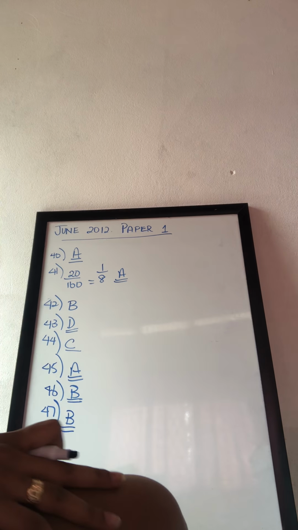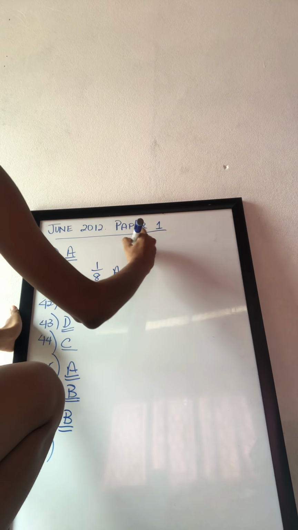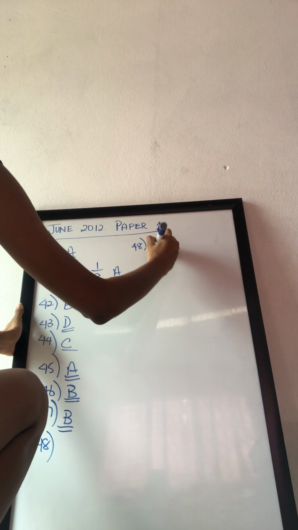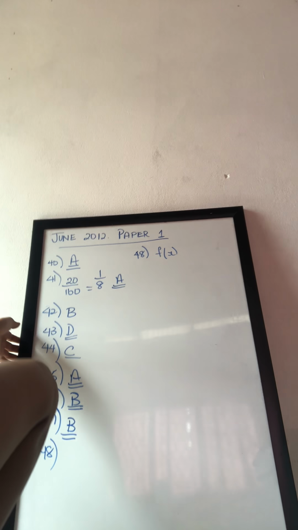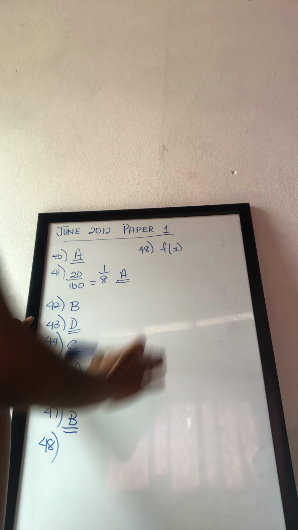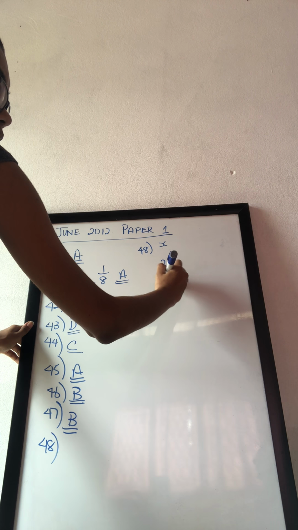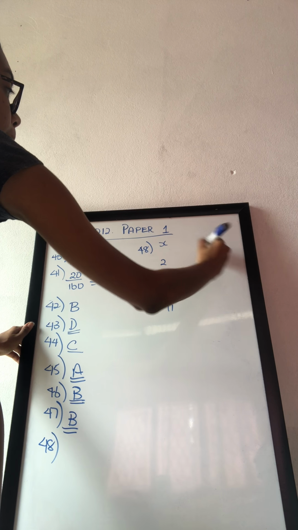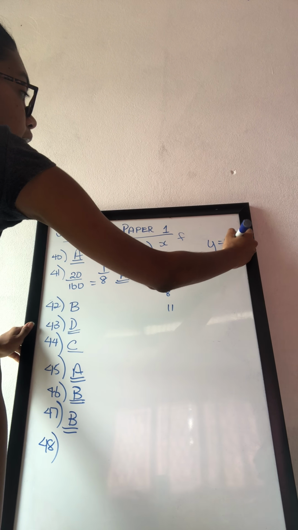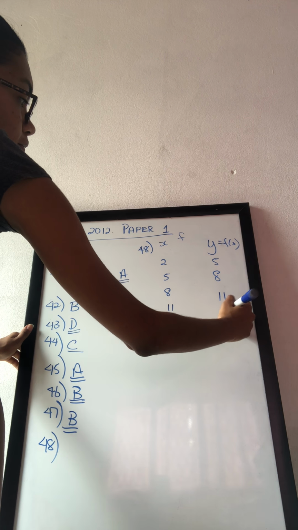Number 48. Which of the following best describes the function? Alright, I'm going to do it here for you. So we have f of x. X is the values 2, 5, 8 and 11. Y or f of x would be 5, 8, 11 and 14.